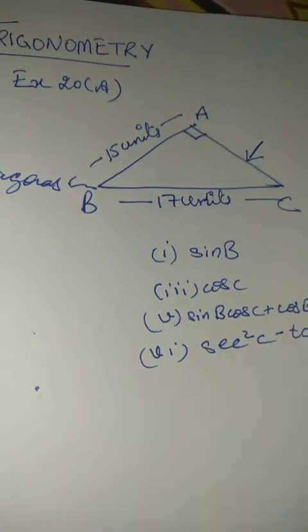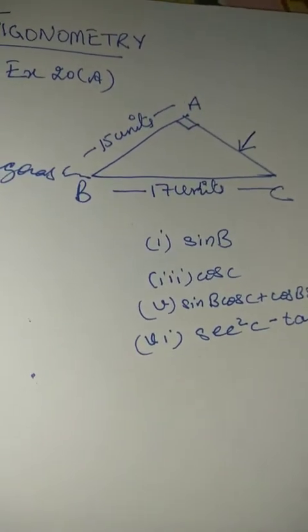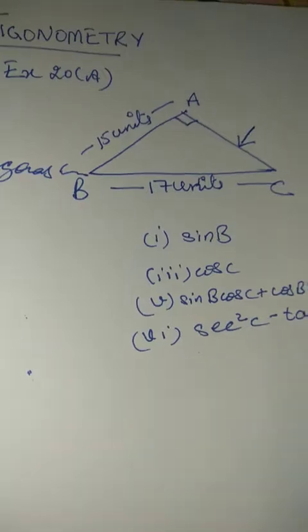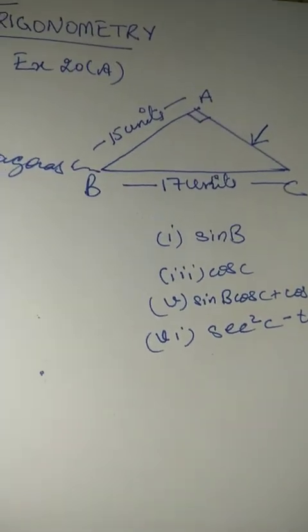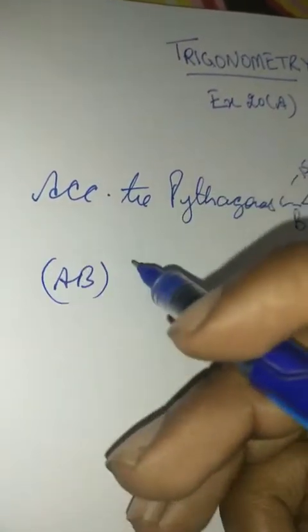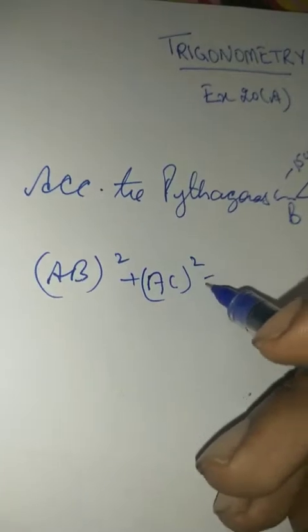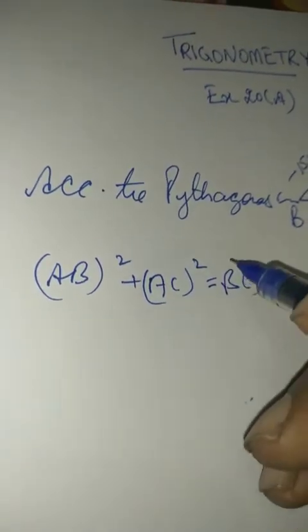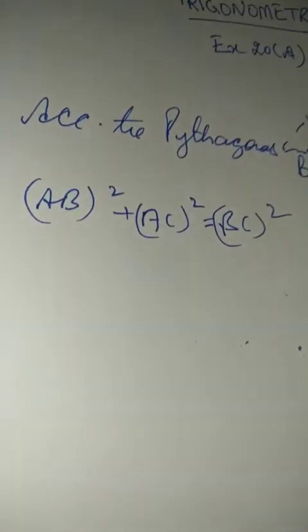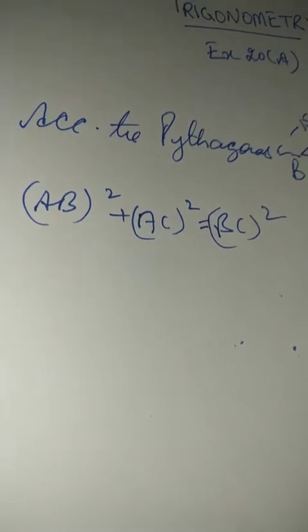So, right now we can consider anyone to be the perpendicular, anyone to be the base, but we know that the hypotenuse will remain fixed. That is the side BC. So, we can simply write AB square plus AC square will be equal to BC square. Straightaway what I have written is the Pythagoras theorem.